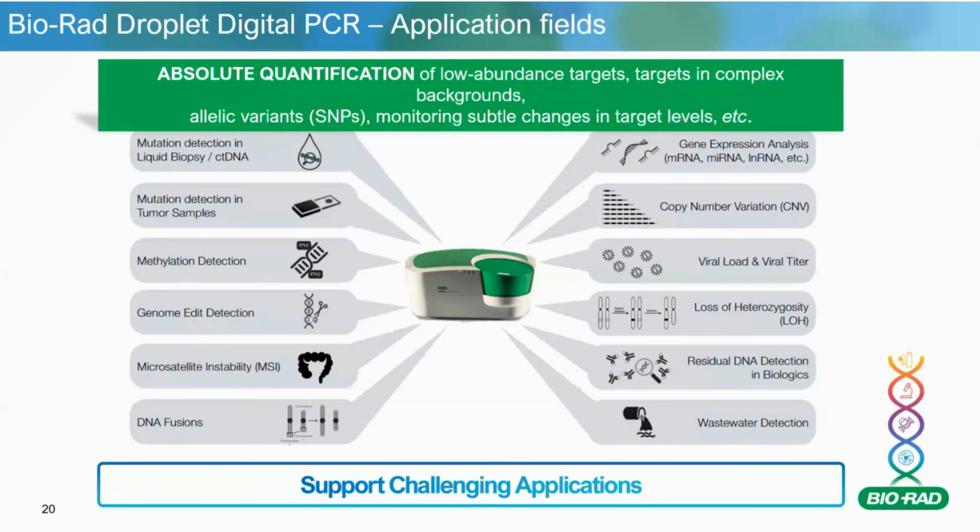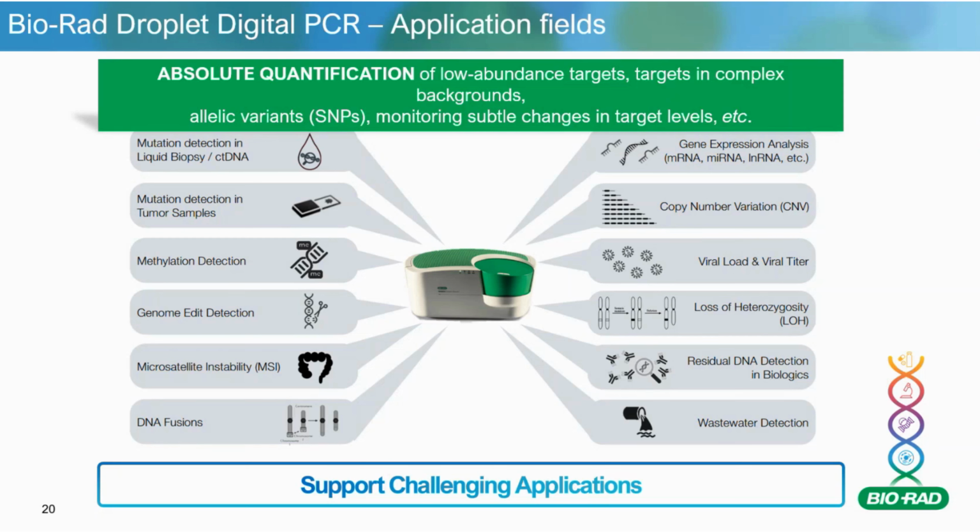Residual DNA detection in biologics, really interesting. If you're in any sort of biopharma industry, you obviously have to know how much bacterial DNA is in your sample before you sell it for humans, and you have to detect or quantify this, and you can do that with ddPCR.